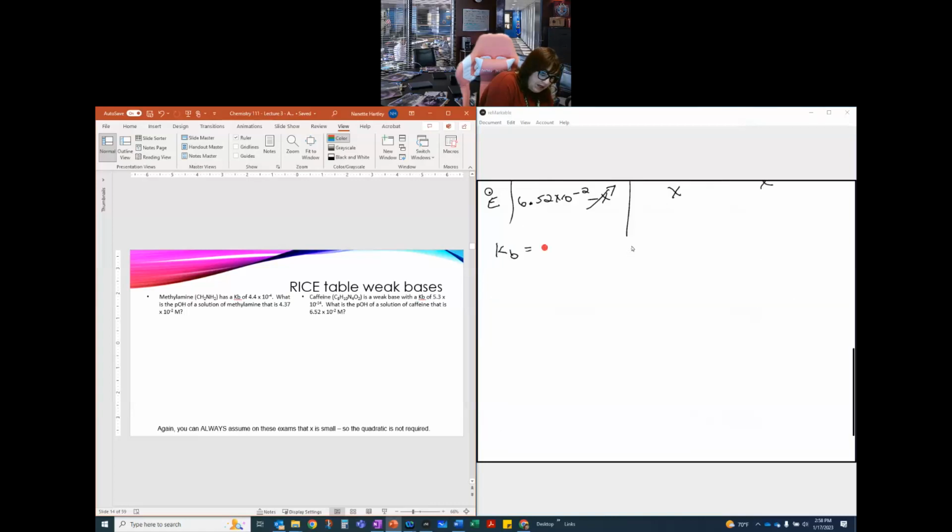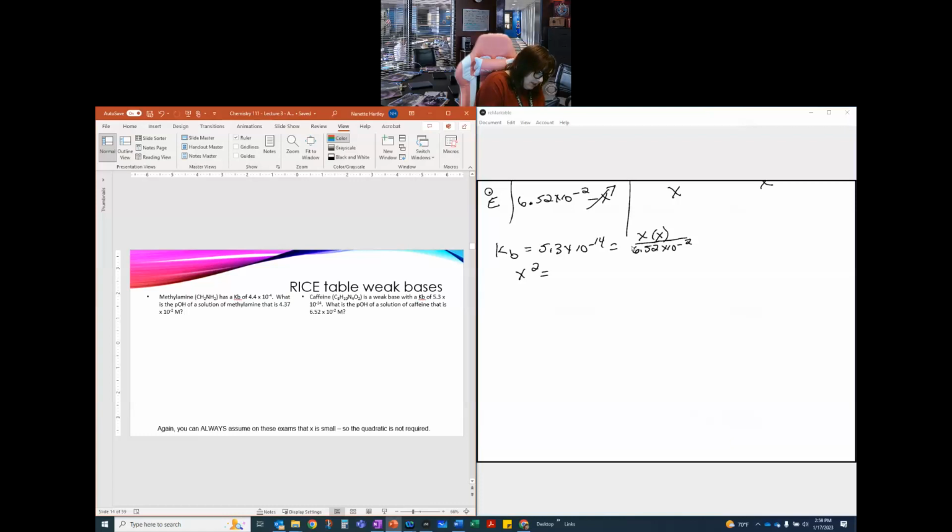is equal to that 5.3 times 10 to the minus 14th. That's equal to X times X over 6.52 times 10 to the minus 2. So I get my X squared, and that's equal to the product of 5.3 times 10 to the negative 14th times 6.52 times 10 to the negative 2.